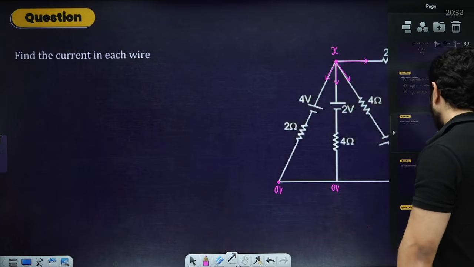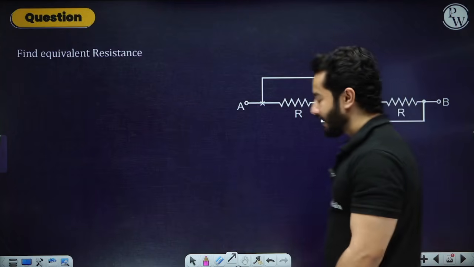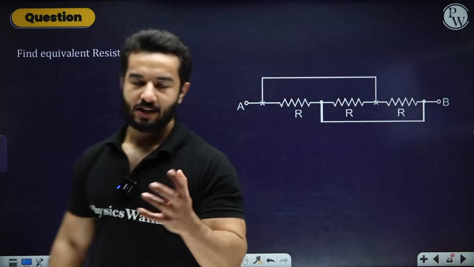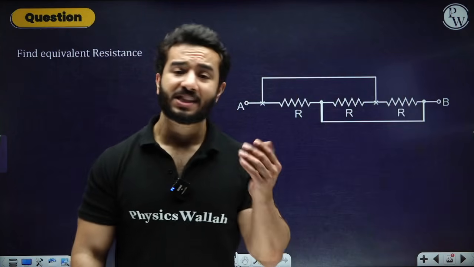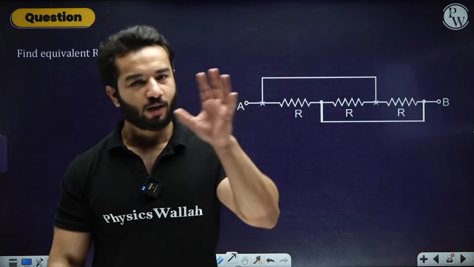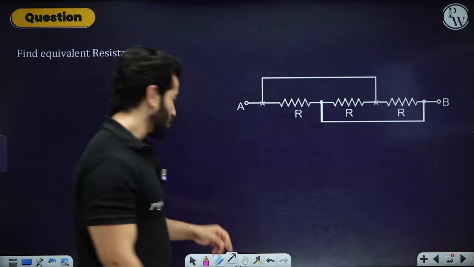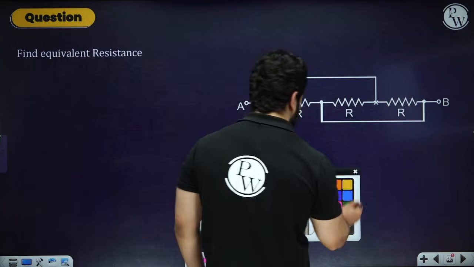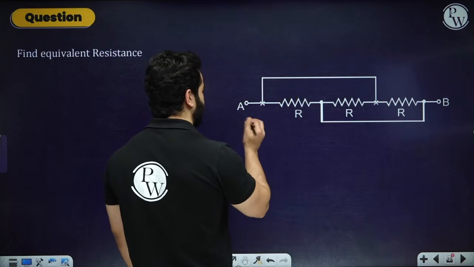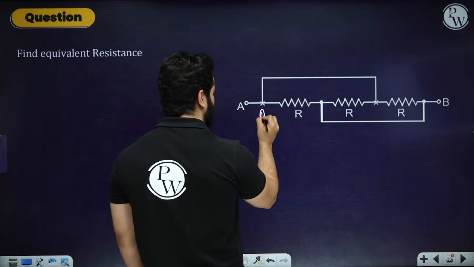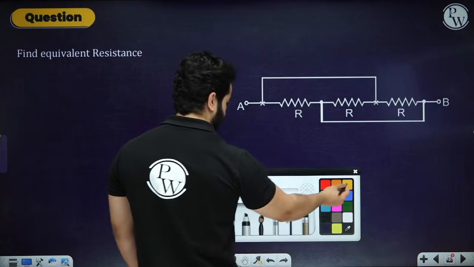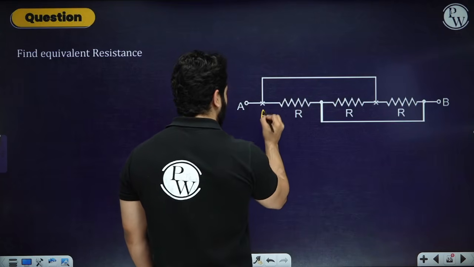Now let's move to some other question which deals with the combination of resistance. I know I haven't taught combination of resistance, but there is no need for it. You have already done it in grade 10th. Let's straight away jump to some good questions. Again over here I am going to talk about the same thing. If this is a point A, this point is also going to be A, because I have got a clean wire.